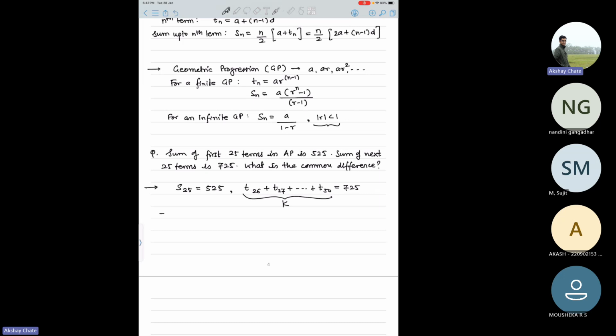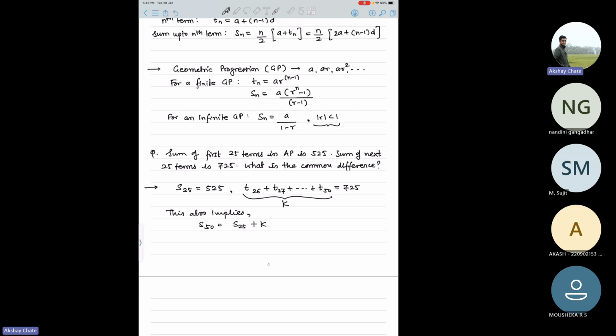So what basically it means is, this also implies that if you take, let's say, the sum of first 50 terms in this series, that will be nothing but the sum of first 25 terms plus k, right? That is how it will be, right?